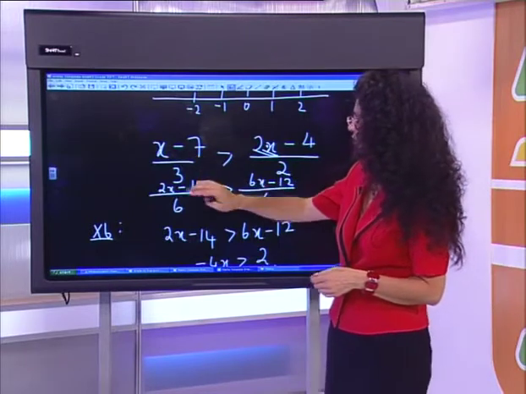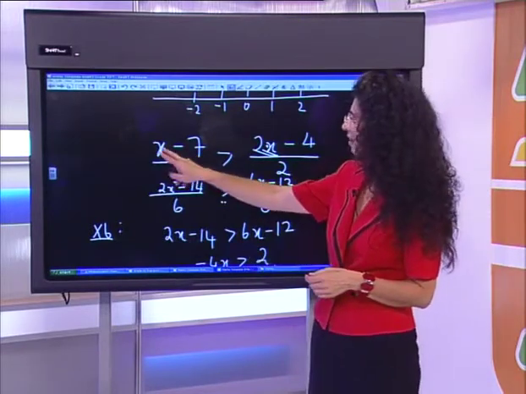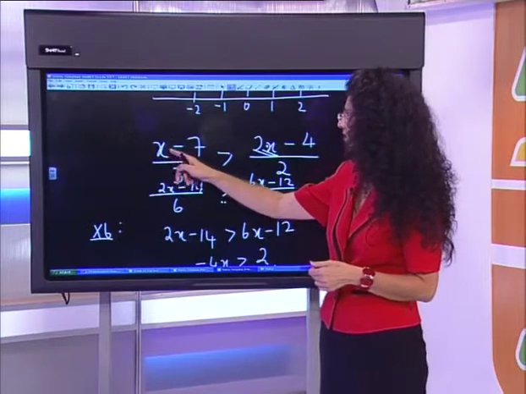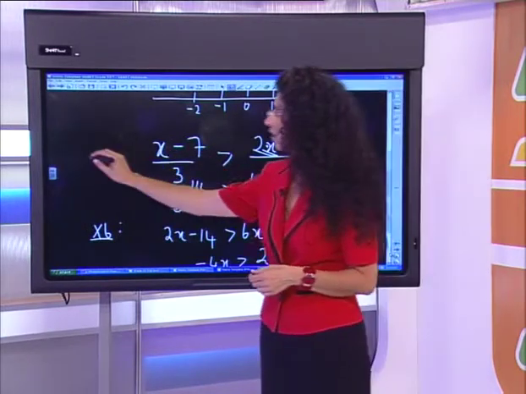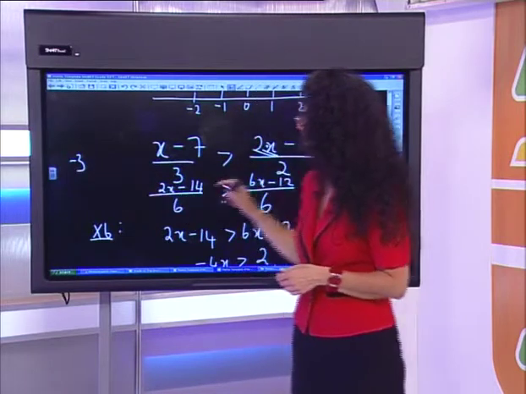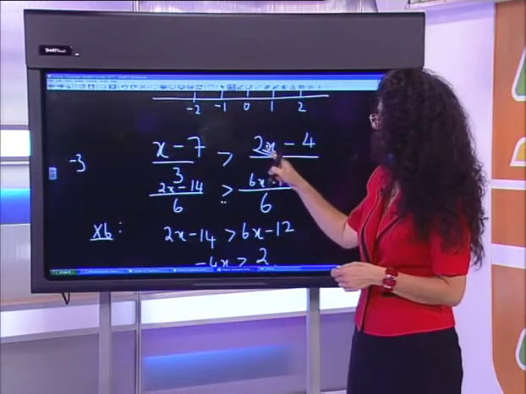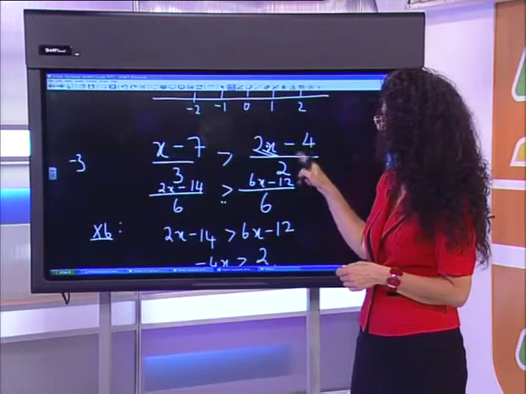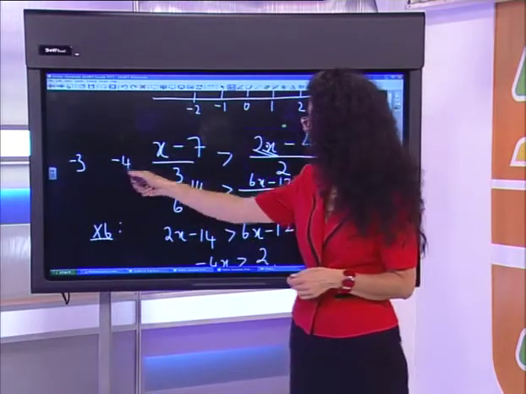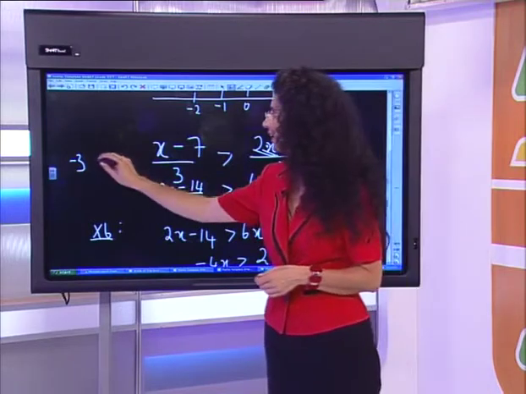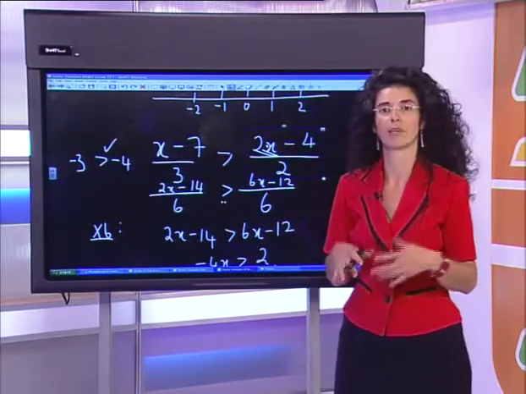Here's the original. So if we took negative 2, it makes it even easier. Negative 2 minus 7 would be negative 9 divided by 3 would be negative 3. And then we'd have on this side negative 4 minus 4 is a negative 8 divided by 2 is a negative 4. And the question is, is negative 3 greater than negative 4? And it is. So our set actually works.